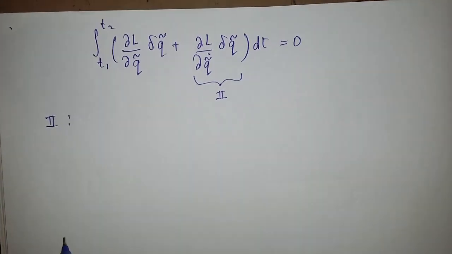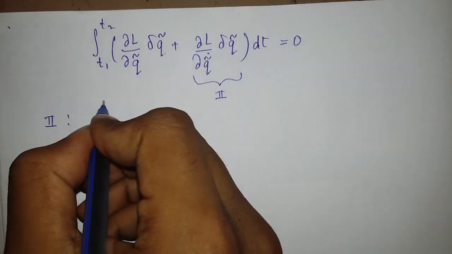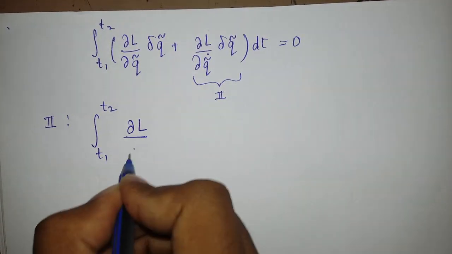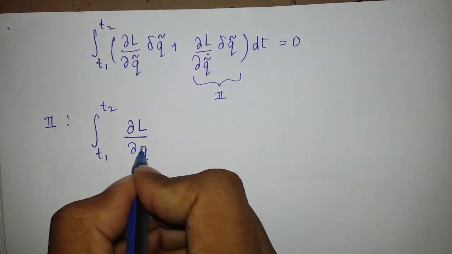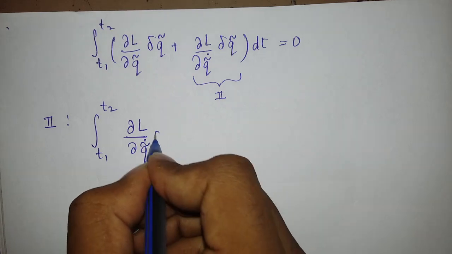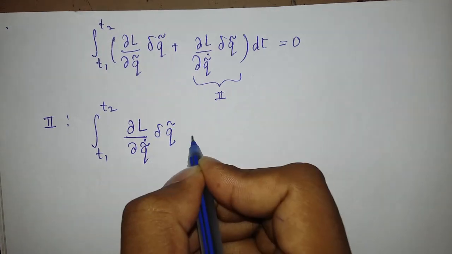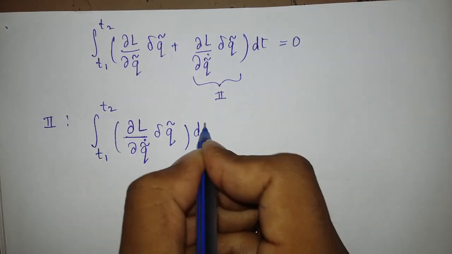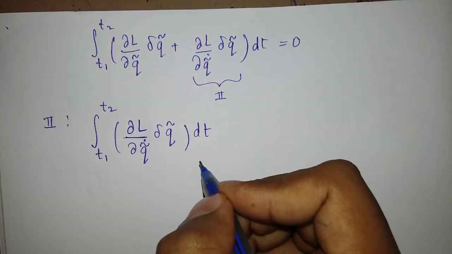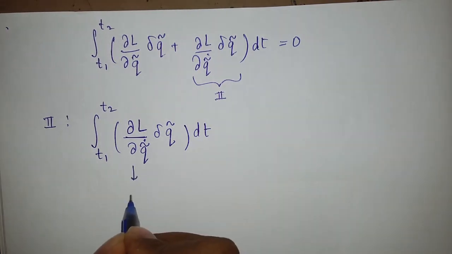The second part is the integral from t1 to t2 of dou L upon dou q tilde dot delta q tilde dot dt. Here we will use integration by parts.